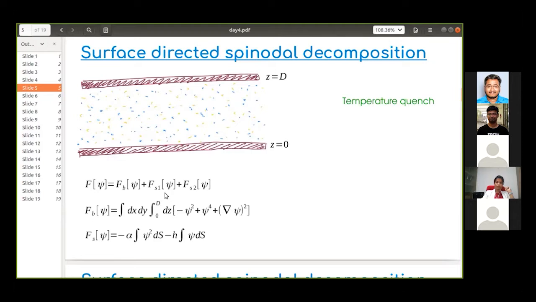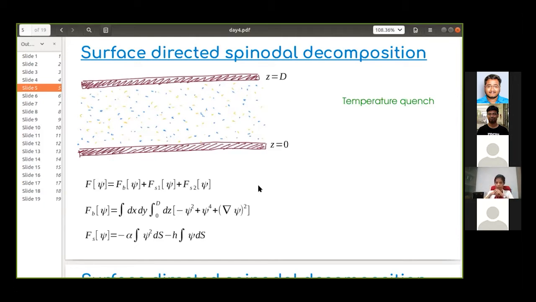That's what is captured in this Fs1, say the surface at z equal to 0, and the second surface, say at z equal to D. Now, the idea is the following. You have the free energy contribution coming from these 3 different parts. What you can do now is to write down the expressions of these different free energy contributions.